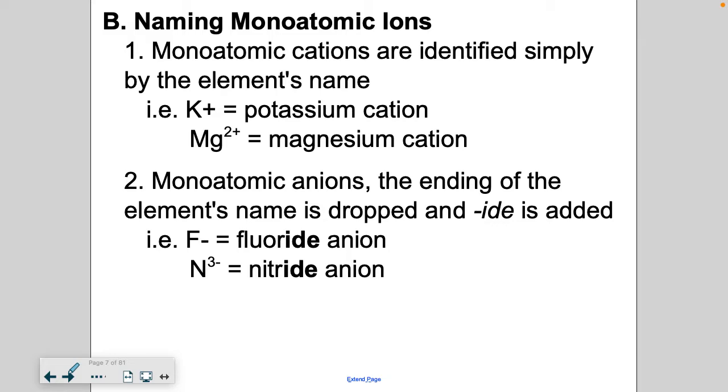When you name anions, you actually have to change the ending to IDE, and then you add anion. So fluoride anion, nitride anion. So cations, leave the element's name alone and just add cation at the end. For negative ions, or anions, you drop the ending, change it to IDE, and then anion.